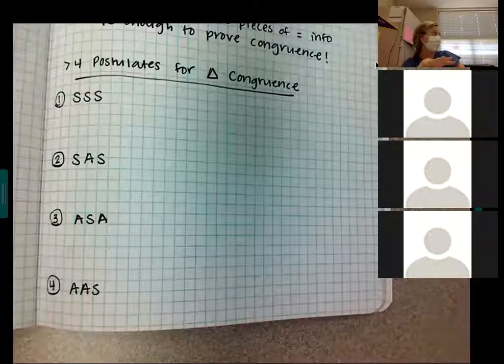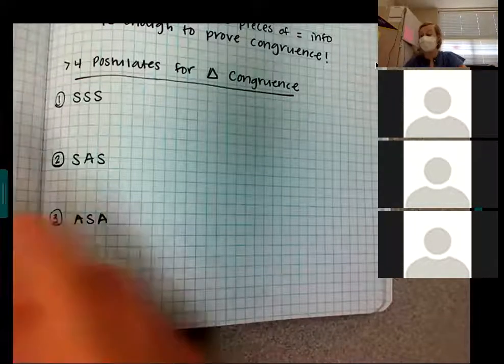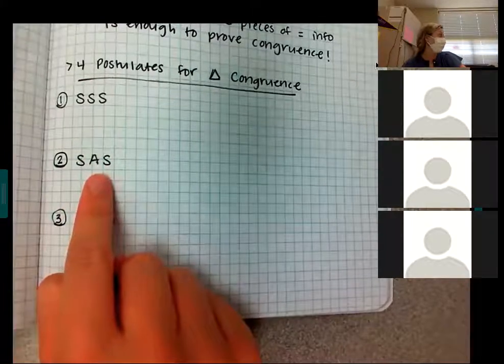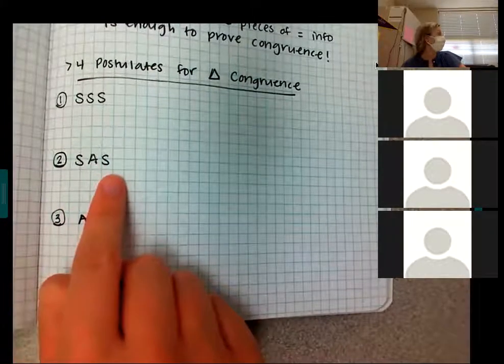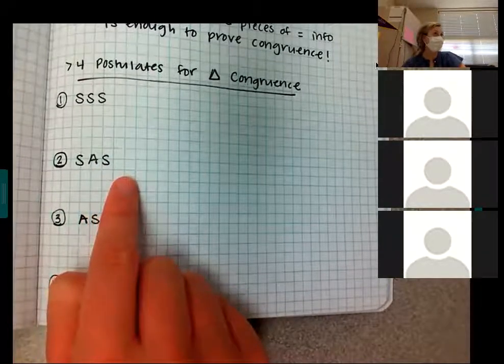Yes? Okay. If you know two sides, everybody look at me. If you know two sides are congruent, you have to know the angle in between them. That's the only one that'll work. Side, then an angle, and then a side. Does that make sense?